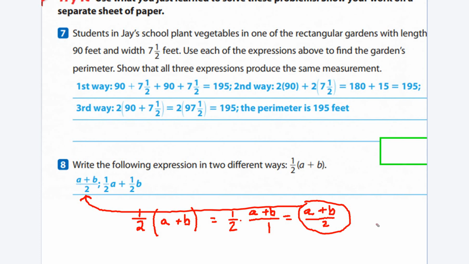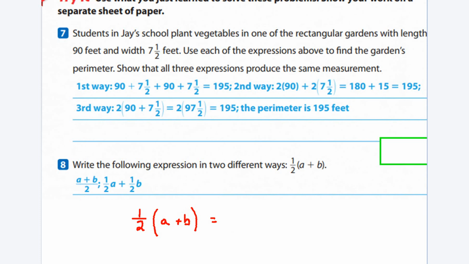And then the second way, what they did is they distributed. 1/2 times a is 1/2 a. Notice it's all positive. Positive times positive is positive. And 1/2 times b is 1/2 b. There it is.